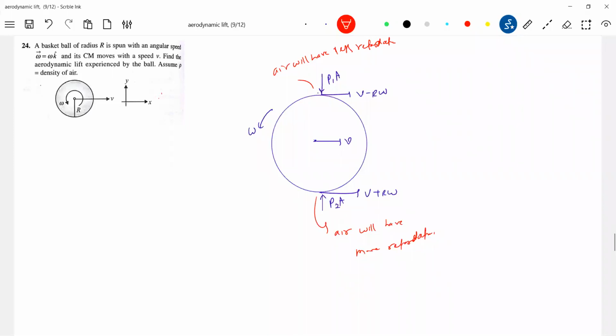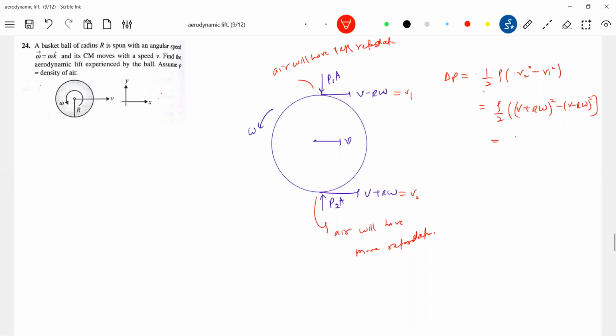So now the difference in pressure, delta P, should be equal to how much? Half rho, with this velocity called V2 and this velocity called V1, V2 square minus V1 square. So rho by 2, V plus r omega whole square minus V minus r omega whole square.